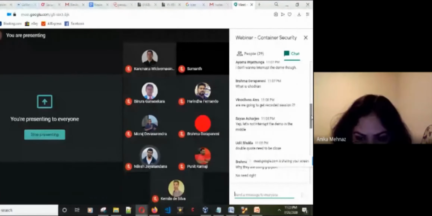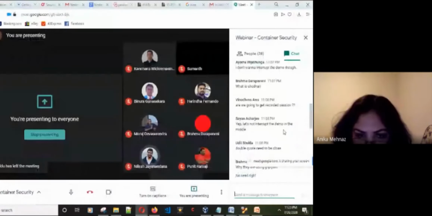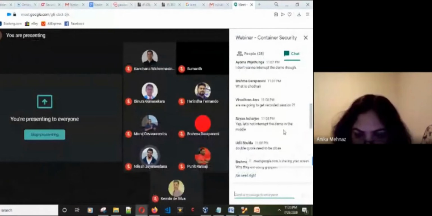If you just follow the same commands, like this one, I did this a few days ago, and the same commands got me access to another system that has an exposed Docker API. So you can use the same commands and get access to it.